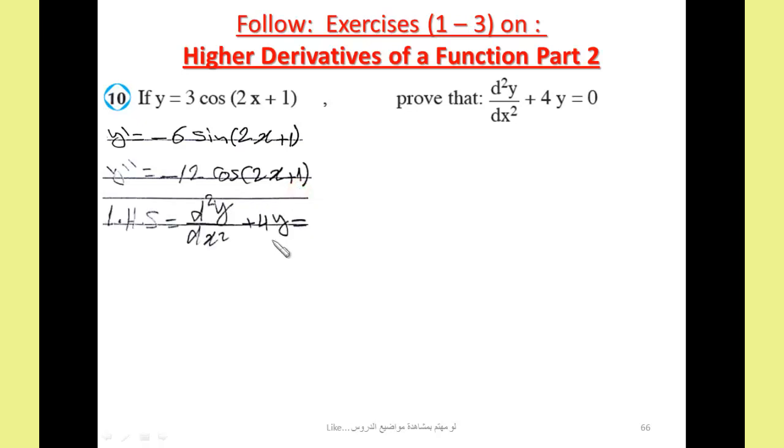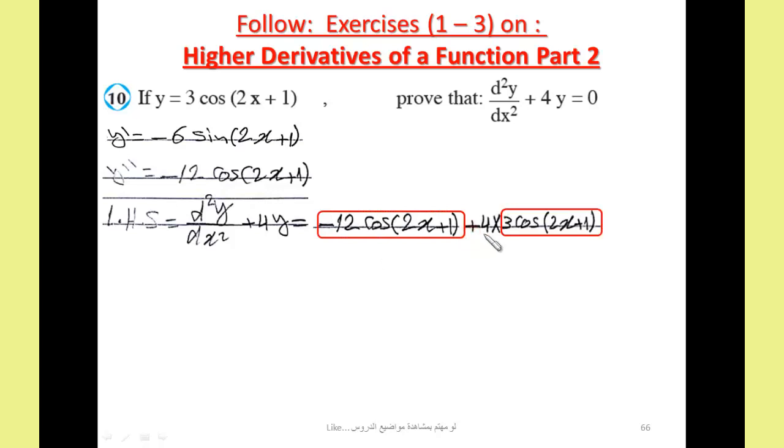Now, the left hand side here is d2y by dx squared plus 4y. We will calculate it and we will see. d2y by dx squared plus 4y equals, what is the value of d2y by dx squared? It is negative 12 cosine 2x plus 1. We write it, plus 4y.